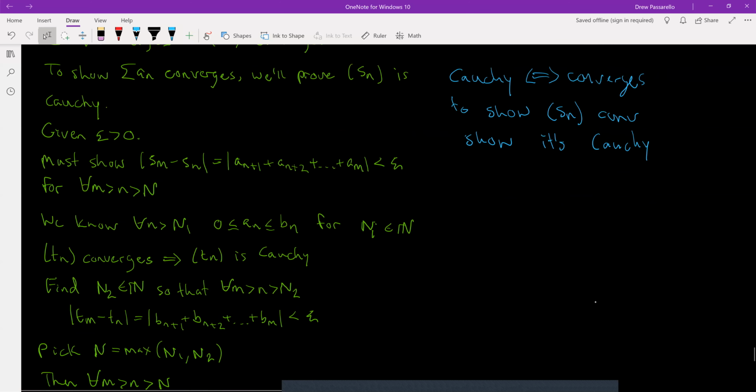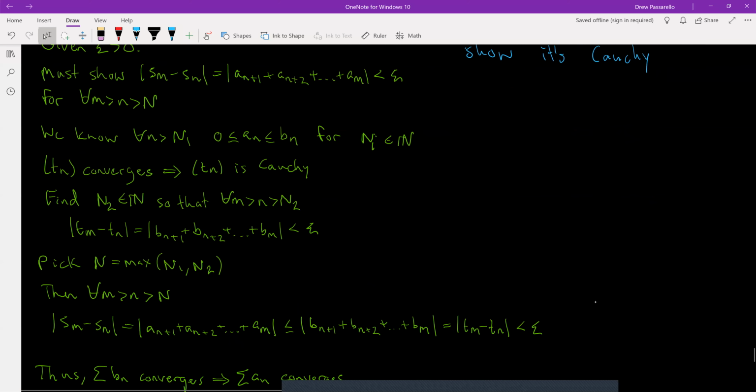And since that converges, it's Cauchy. So that means there's some n2 so that for all little m bigger than little n bigger than capital N2, we have Tm minus Tn, which is equal to b(n+1) plus b(n+2) and so forth to bm, is less than epsilon. We know that since Tn converges and it's Cauchy. So I just find n2 so that we have this condition for it to be Cauchy.